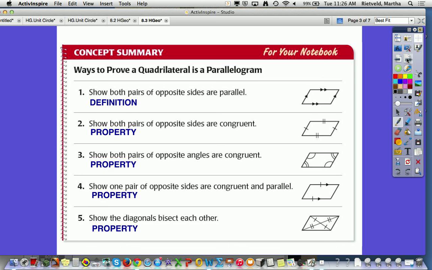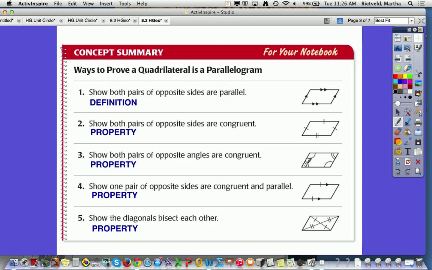On this first one, the diagram shows two pairs of parallel sides. On the second one, the diagram shows two pairs of congruent sides. Now, the sides that are congruent must be opposite each other. The third one shows opposite angles congruent.